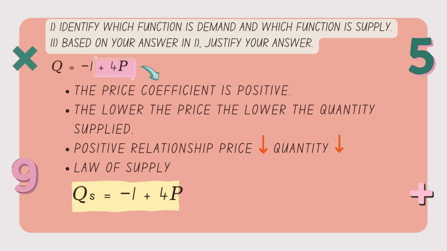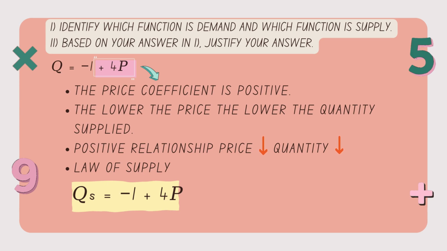Before answering the question, the main thing that we have to know about demand and supply functions is that a demand function has a negative relationship between price and quantity, and a supply function has a positive relationship between price and quantity.